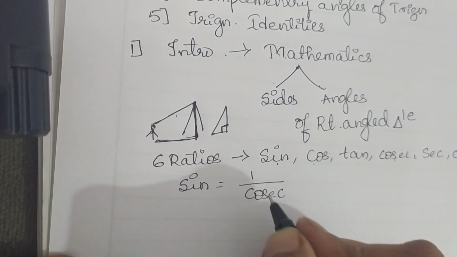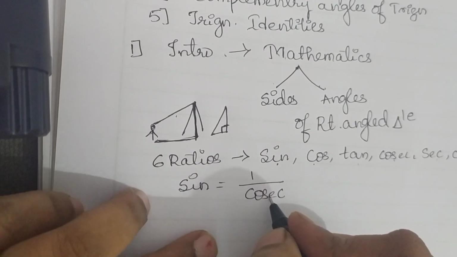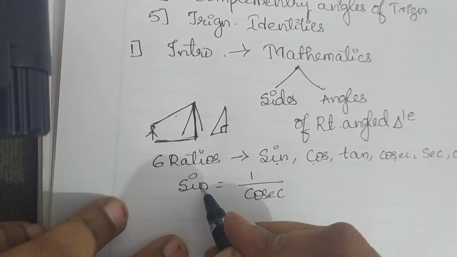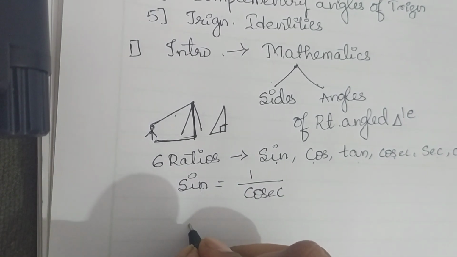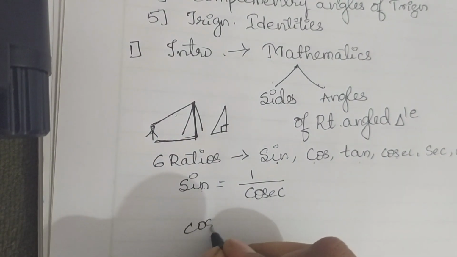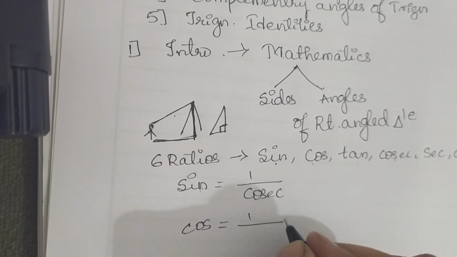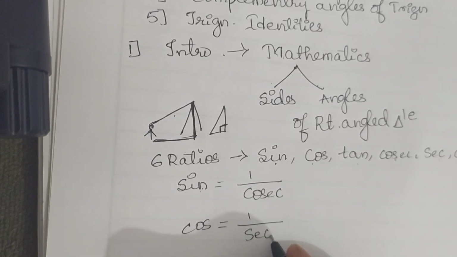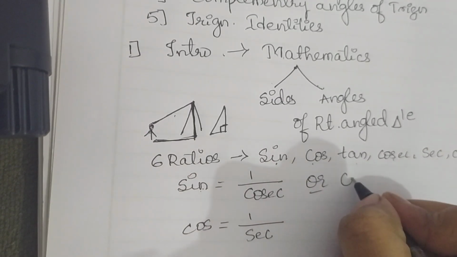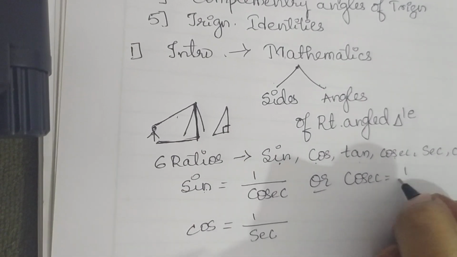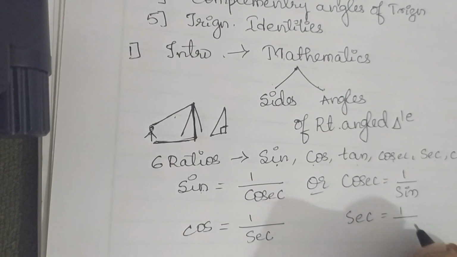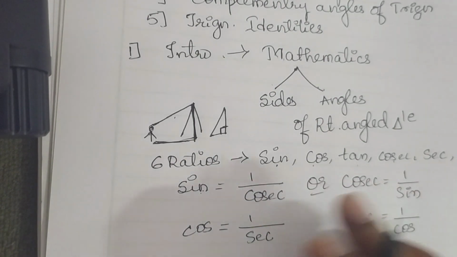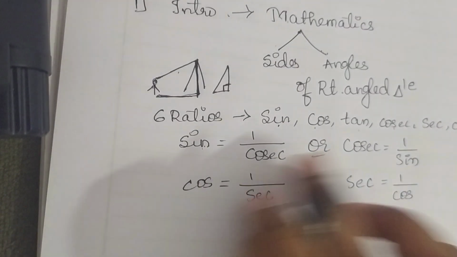If you want to find the cosec value, you get the reciprocal of the sine. Then cos is equal to 1 upon sec, or cosec is equal to 1 upon sine, sec is equal to 1 upon cos. Reciprocal form, they give the ideas of each other.